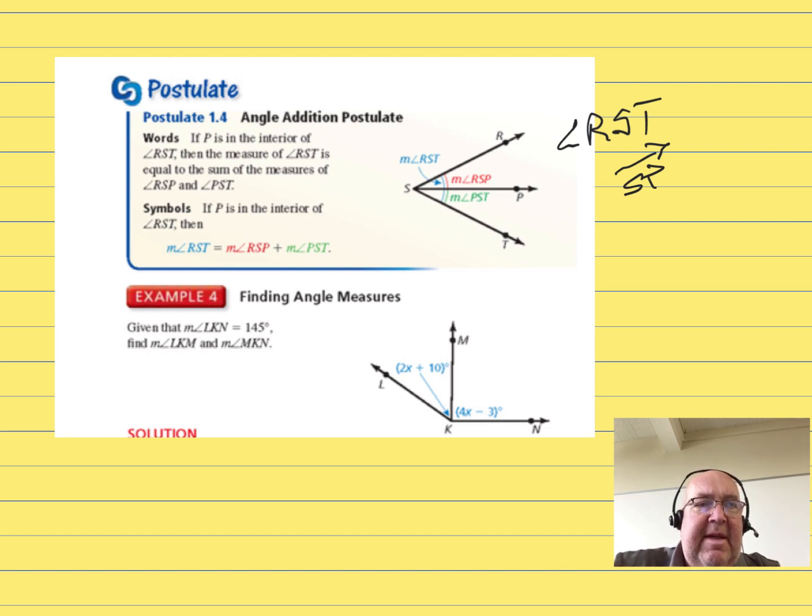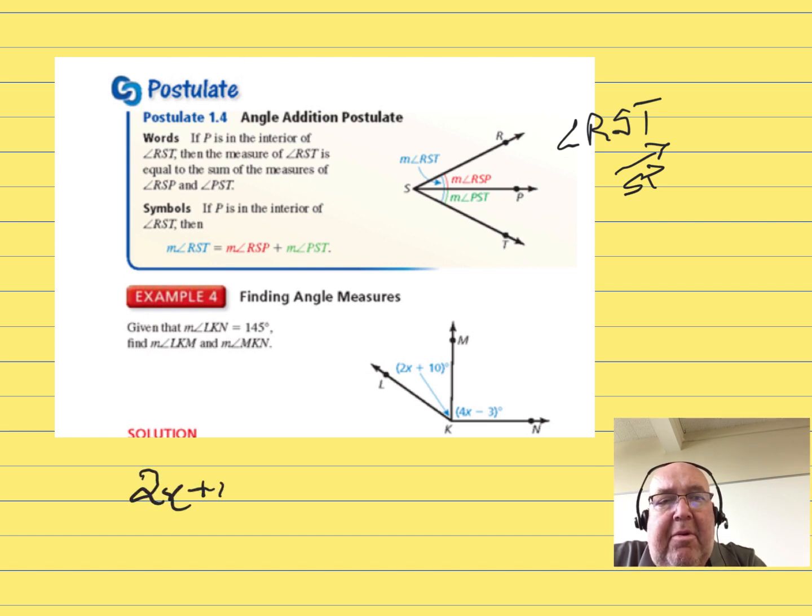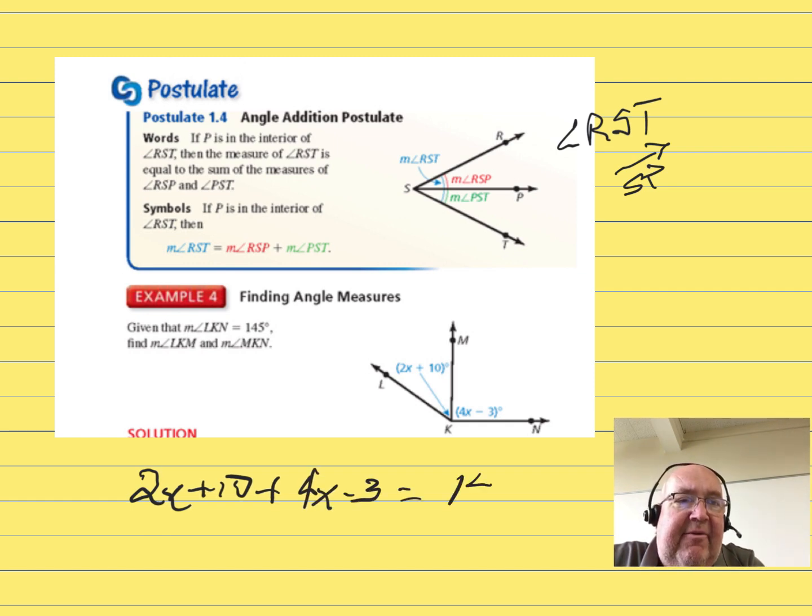We know that angle LKN, which is the large angle, is equal to 145 degrees, and we want to find the other two angles that are made by the ray KM. So we're going to have 2x plus 10 plus 4x minus 3 is equal to 145 degrees.